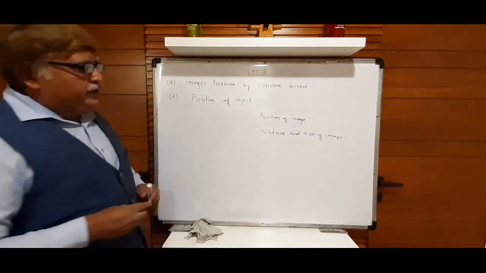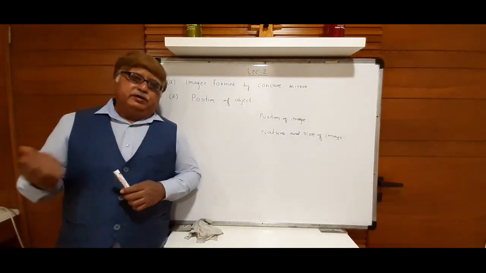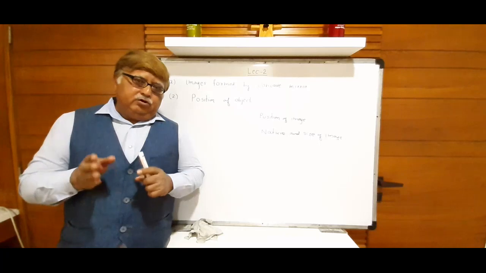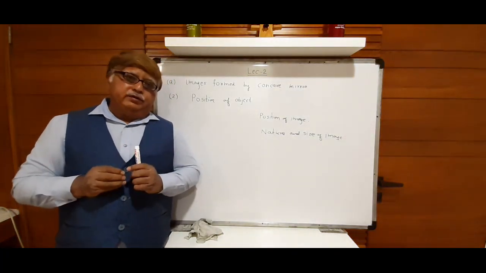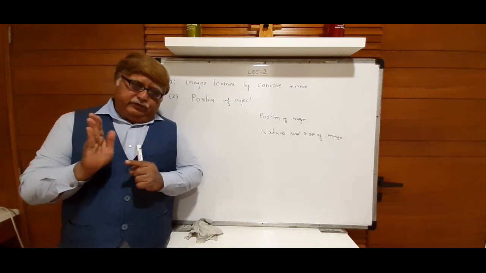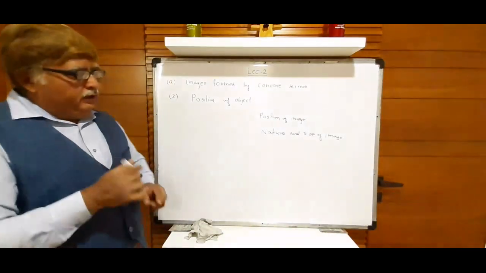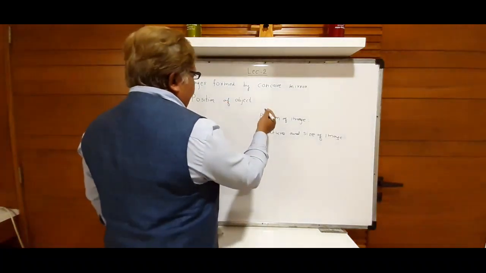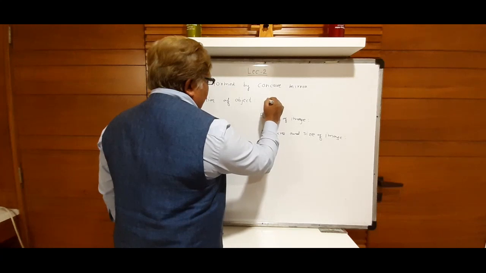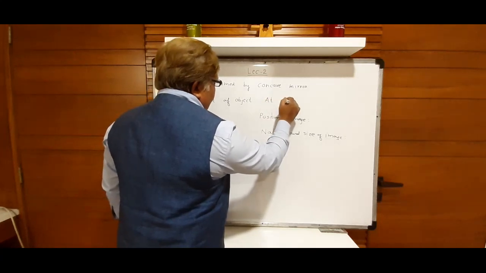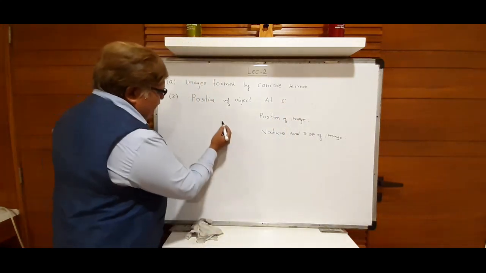Position of object, let me write, it is first the object was at infinite distance, then the object was just away from center of curvature. Now we are shifting the object nearer and nearer to the mirror. So let us keep the position of object at C. That is, you can mention at center of curvature.